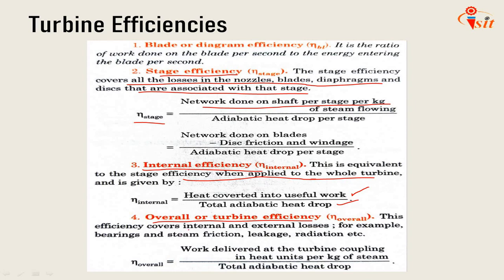This efficiency covers internal as well as external losses, for example bearings, steam friction, leakage, radiation, heat losses, all we are considering here. So eta overall will be the work delivered at the turbine coupling in heat units per kg of steam divided by the total adiabatic heat drop. That will be the overall efficiency, or it is also called turbine efficiency.